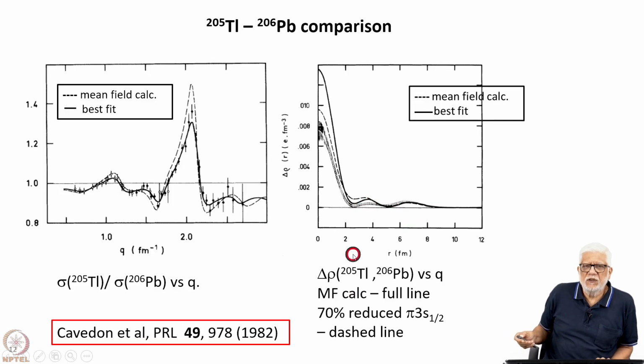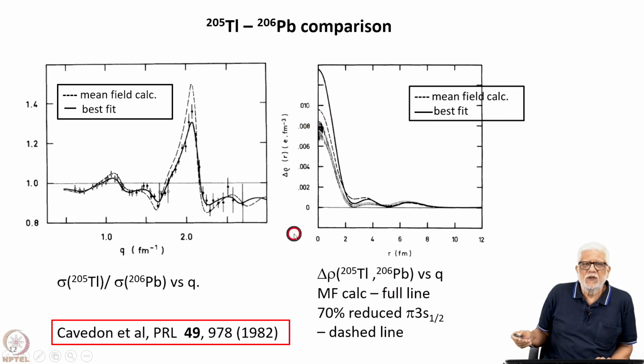The full line shows the mean field calculation, and the dashed line is what you get if you have a 70% reduction in the last orbital, which happens to be a proton in the 3s 1/2 shell model state. This gives you somewhat better agreement.